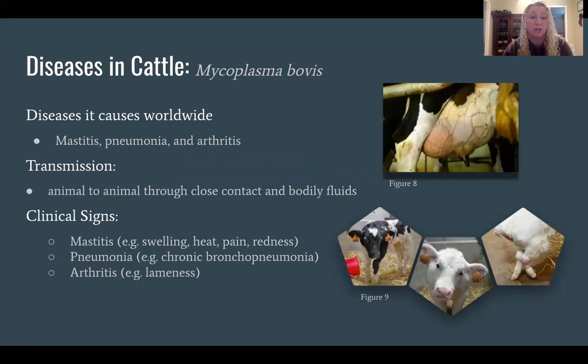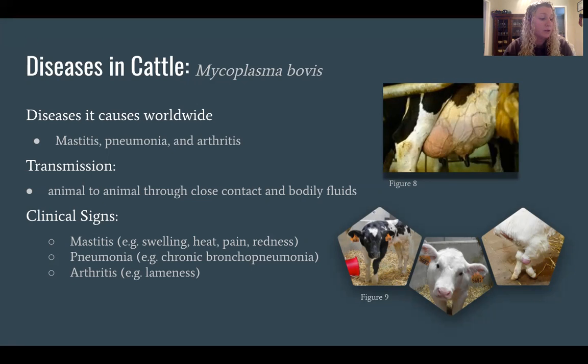So your clinical signs, so your mastitis, you're going to have that swelling, that heat and pain and redness in those areas. Your pneumonia, so your chronic bronchopneumonia, and your arthritis, so your lameness. That, like I said before, they can affect other main organs such as the eyes, the ears, brain.